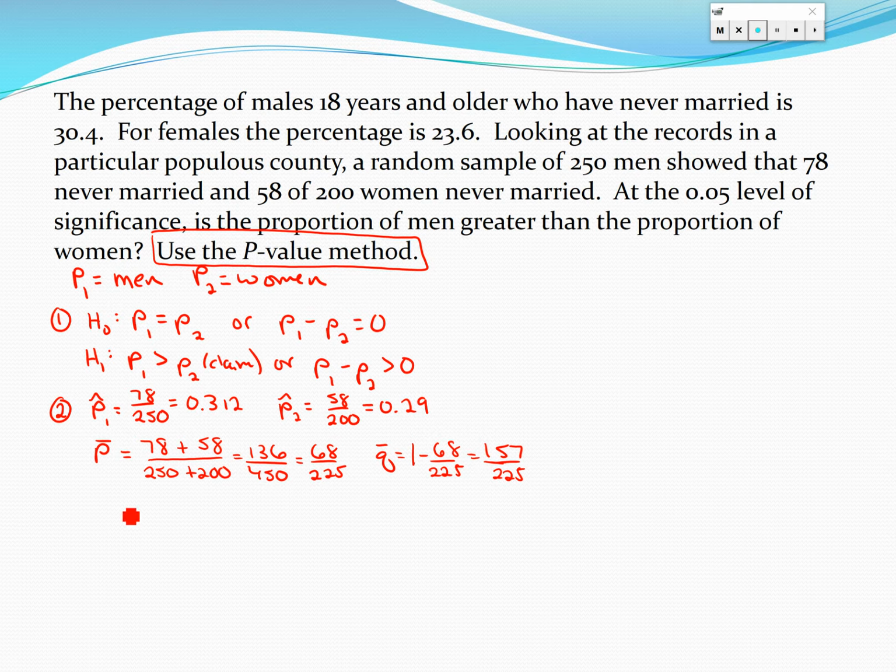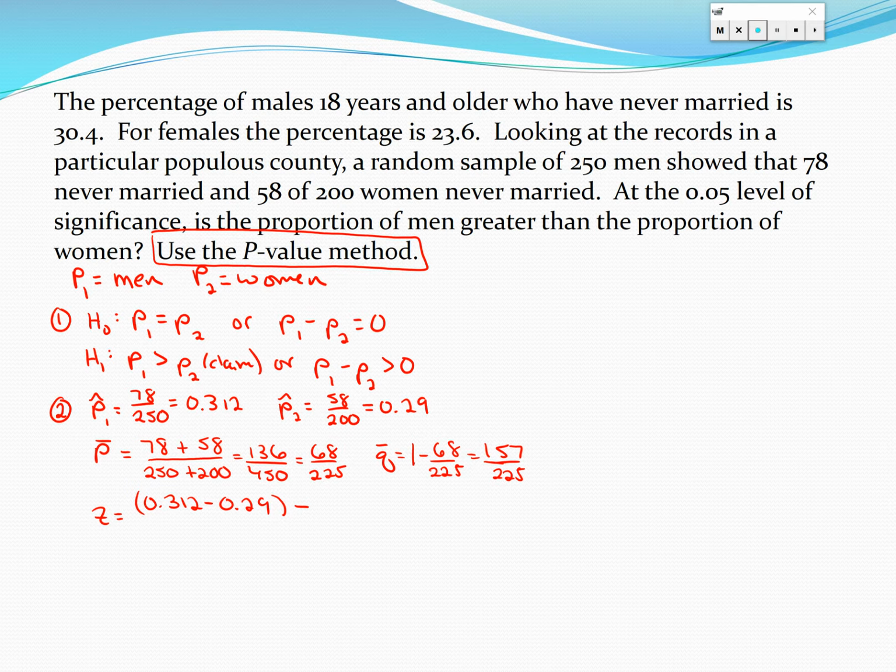So let's go ahead, do a z equals. The first part of the formula, we have our p hat sub 1 minus our p hat sub 2, minus, and we see we have just regular P1 minus P2.